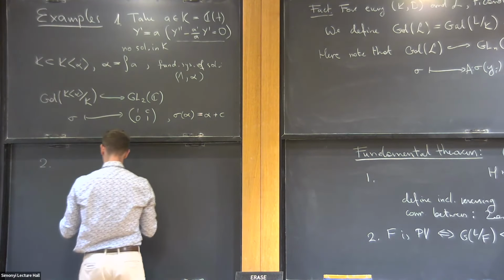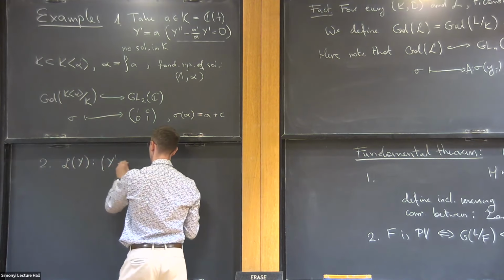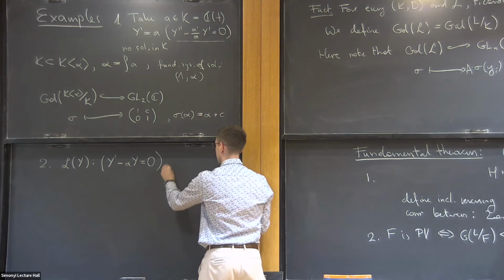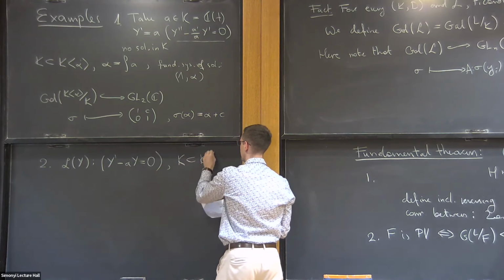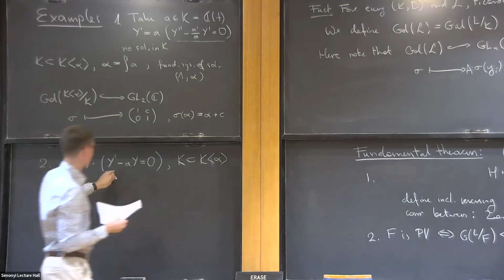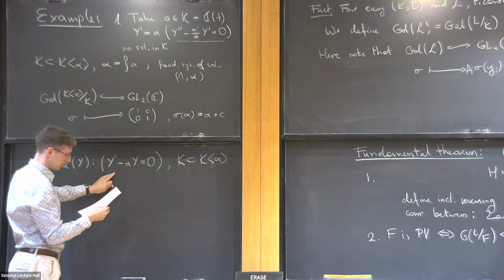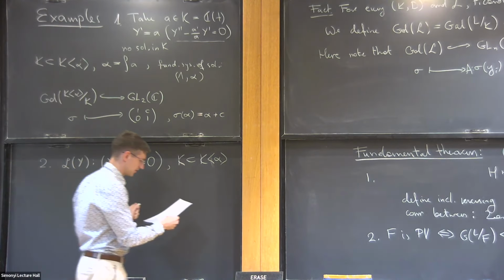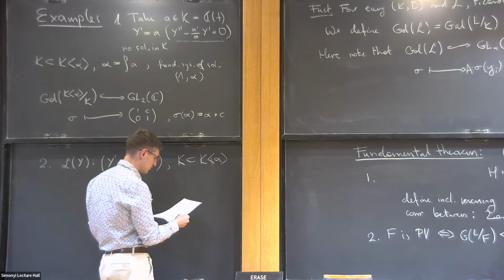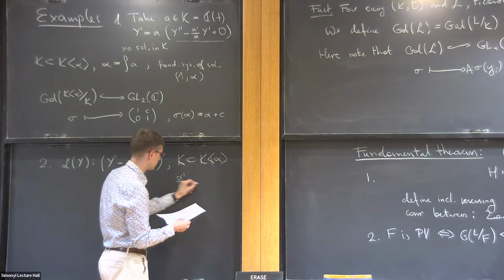Example 2, we look at L of y. This is the equation y prime minus ay equals 0. So here we have K, we extended by adding one generator, and this generator satisfies the relation alpha prime divided by alpha equals a.